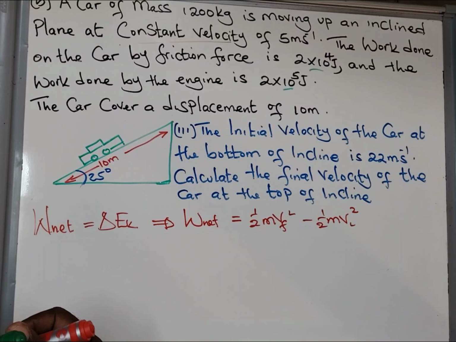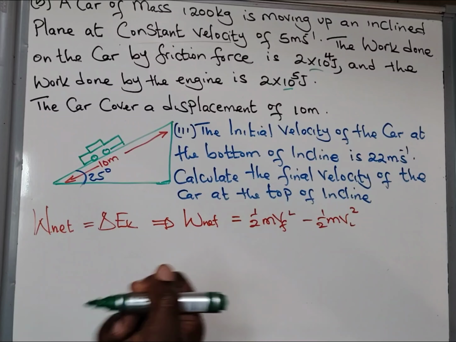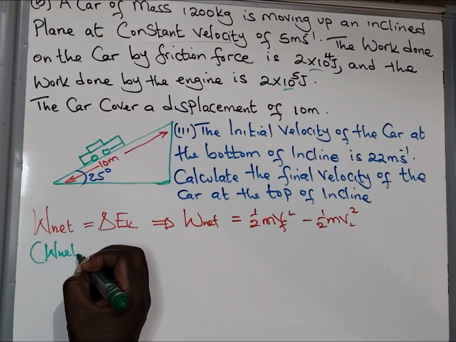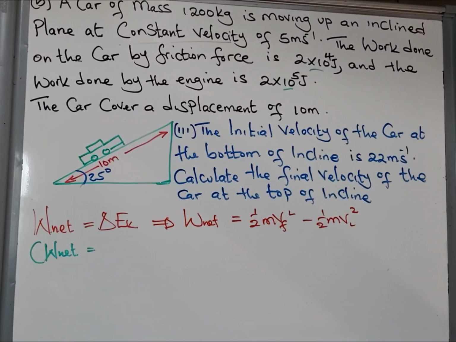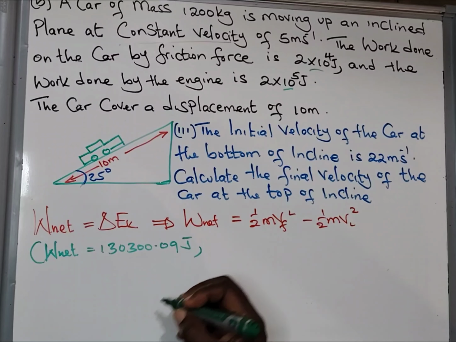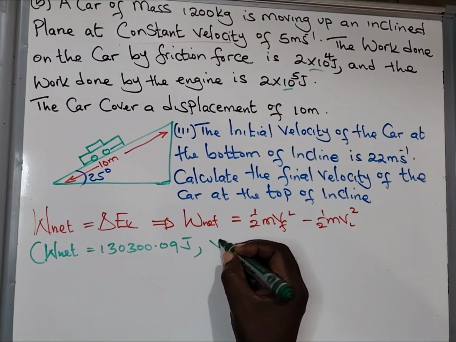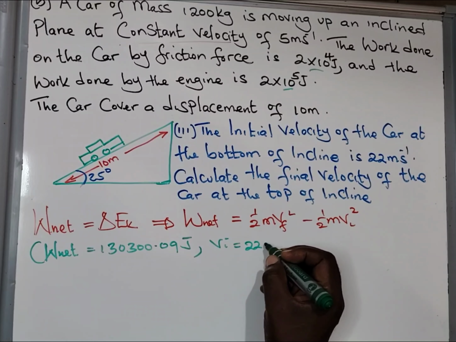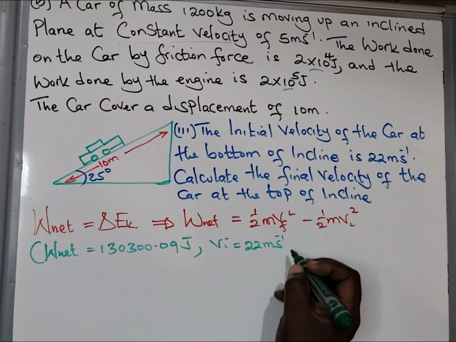From there, we know net work done, which is this. What else do we know? We know vi, which is 22 meters per second.